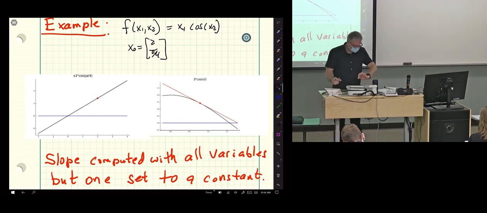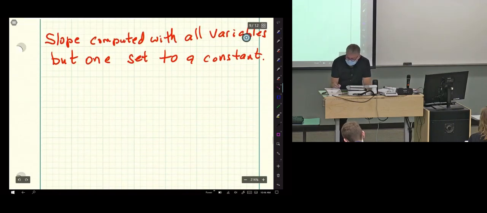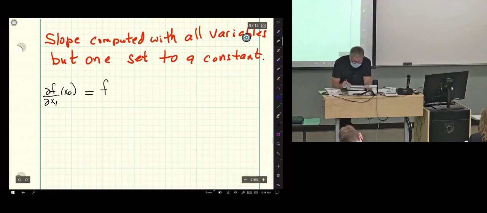So that's what the partial derivatives are. Let's compute them really quick, and then we'll start using them on Wednesday. So the partial derivative of f with respect to x1 at x0 is equal to f at x1. My nominal value is 2, and I perturb it with h. For x2, I'm putting pi over 4.